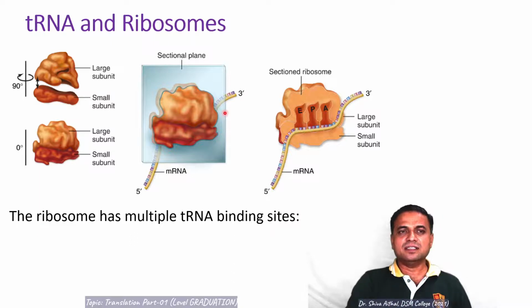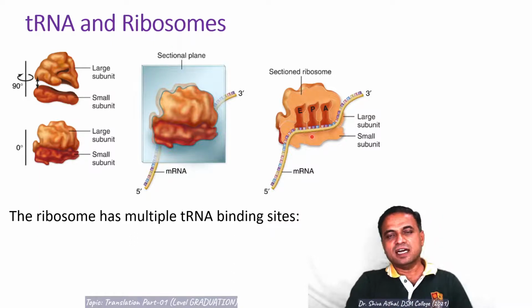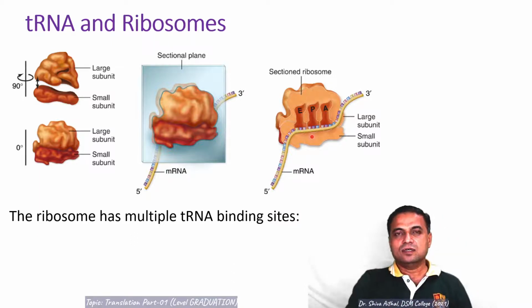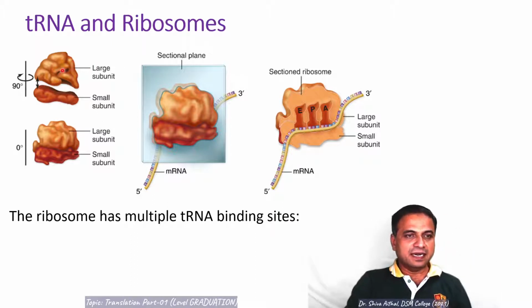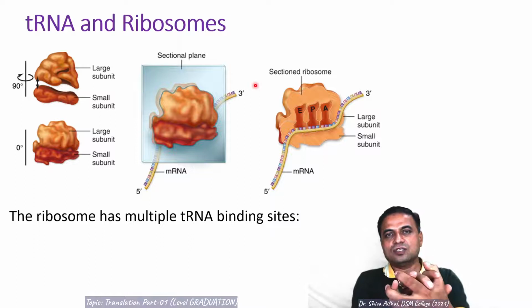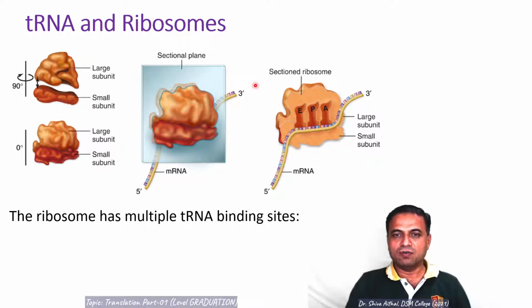The site for the tRNAs is the 50S molecule of the ribosome. So large subunit, small subunit. Large subunit accommodates the tRNAs. If you take a sectional plane of this large subunit bound to small subunit with the mRNA, that is a translation process in action, cut it, you will find a structure like this.